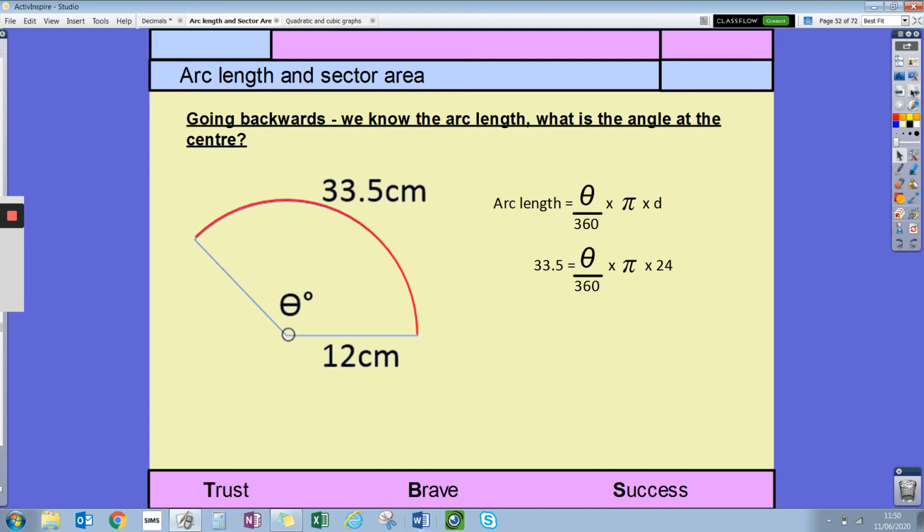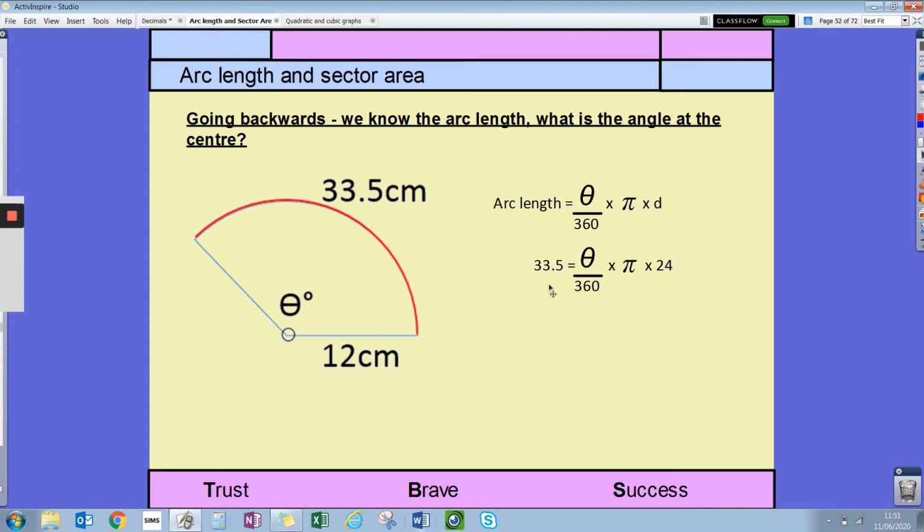So we've got a couple of examples now where we're going to go backwards. Here we know the arc length and we want to know the angle at the centre. Because we know the arc length, it's the arc length formula that we're going to use. Remember from just a minute ago, the arc length is theta over 360 times pi times the diameter.